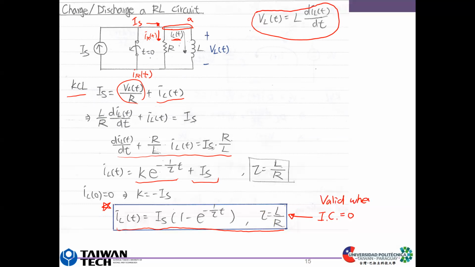If the initial current of an inductor is not 0, then you need to know how to derive the general solution of I_L(t), and then you put in the initial condition and calculate the result. So if you are still unfamiliar with this, please go back to our notes. We have a full proof of this.